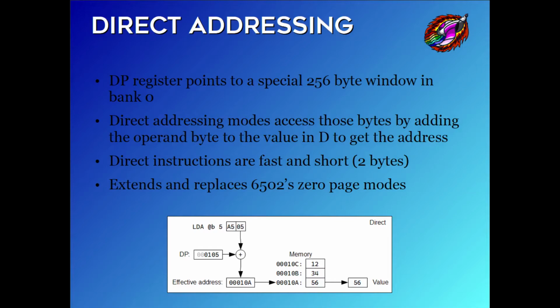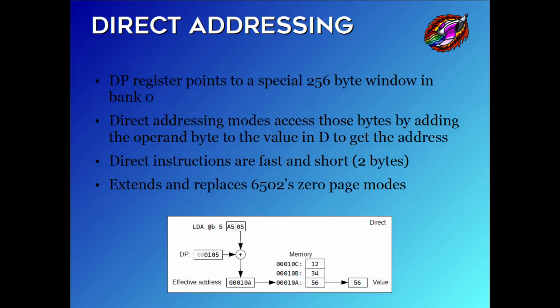And so what you get in the instruction is A5, which is load A direct, with 05 being the address there. That is then added to the value in direct page, and that gets you 010A as your effective address, which has, in our case here, a 56 in there, and so that's the value that gets loaded into the accumulator.